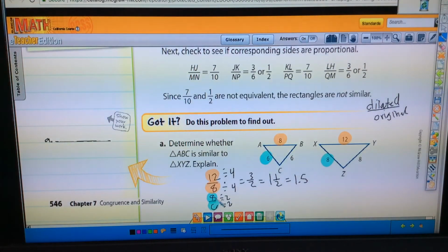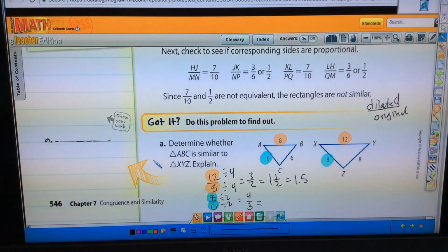Over here, I can't reduce by 4, but I can reduce by 2. 8 divided by 2 is 4. And 6 divided by 2 is 3. Well, let's see here. Does 3 halves equal 4 thirds? If you're not entirely sure, you could plug this into a calculator and get a decimal equivalent.